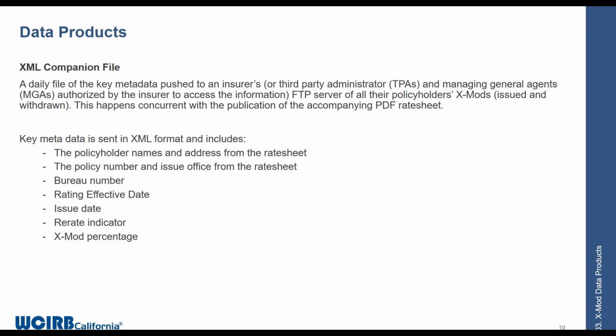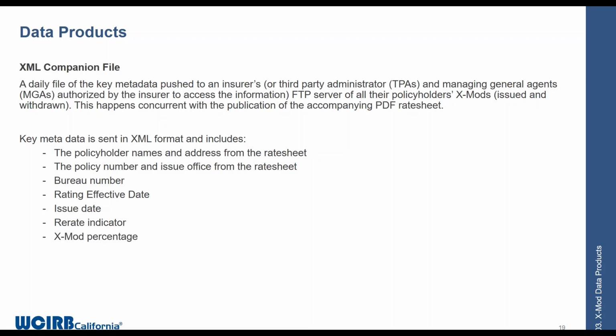These are daily files of key metadata that is pushed out to the insurers at the same time that we would publish the experience modifications. Part of the experience modification publication process is to produce these PDF rate sheets, but we also produce this XML companion file that's going to include the metadata from all of the rate sheets that were issued in that preceding night. And so it's going to have the policyholder's name, the policy number, the bureau number, the rating effective date, the issue date, the re-rate number, and the XMod percentage.